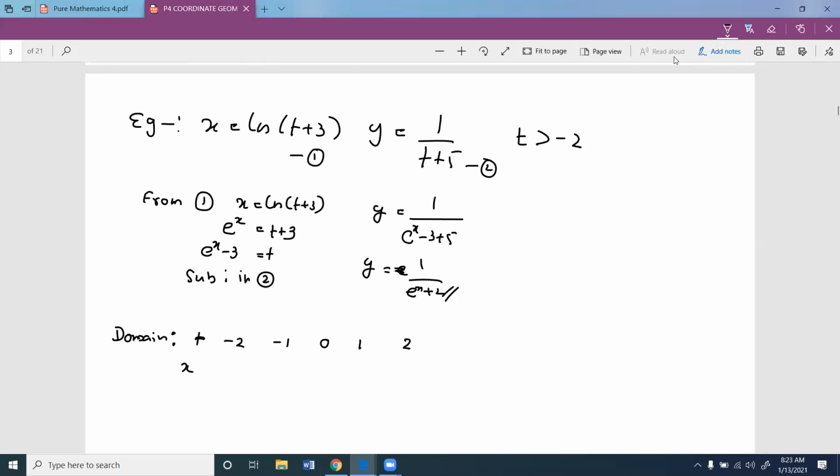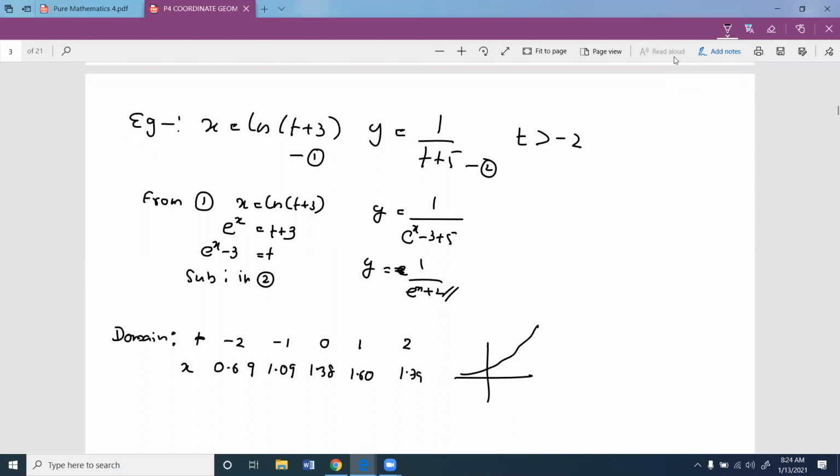If you just put it, you get this answer. The value at -2 is 0.69. This is 1.09, 1.38, 1.60, 1.79. So it's an increasing function. So you can say it just starts from 0.69 and it goes up like this.